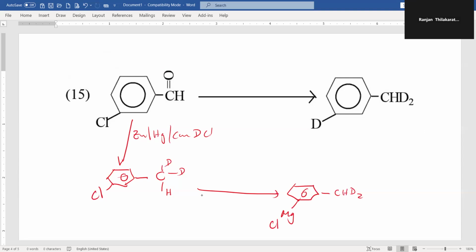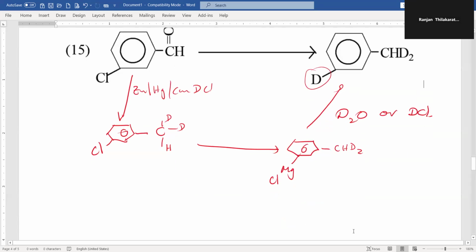And then you can convert this into this D by adding, say, DCl. Or T2O or DCl can be used in this conversion.